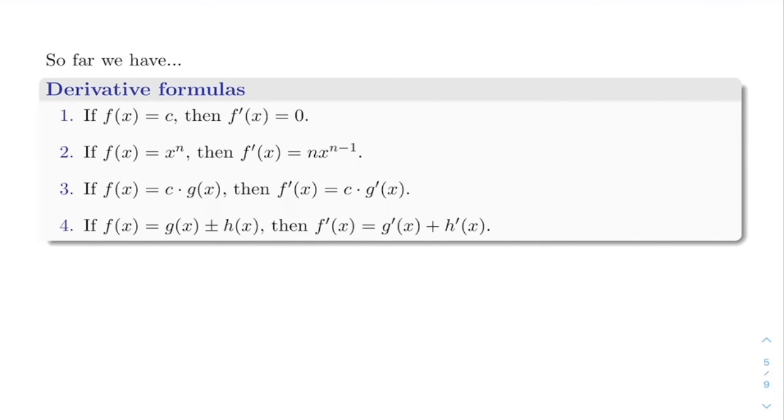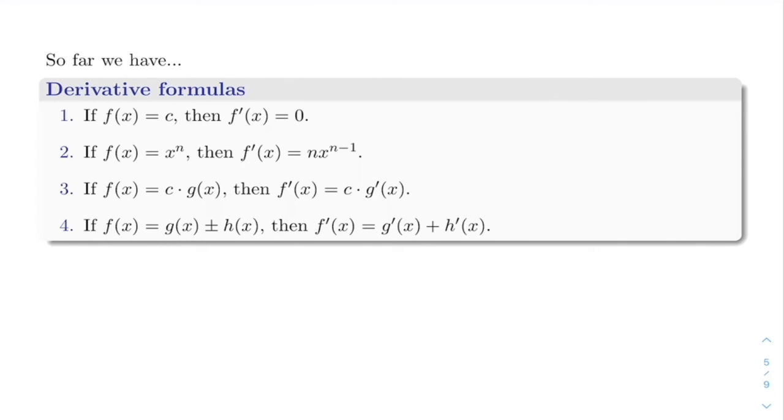So far we have the following 4 formulas for derivatives. The first one, which is a consequence from the exercise we did last week, is that the derivative of a constant is equal to 0. The second one is that the derivative of x to the n is equal to n times x to the n minus 1.